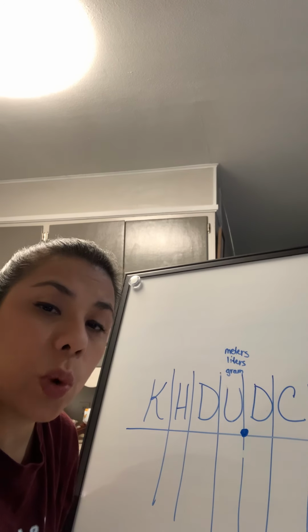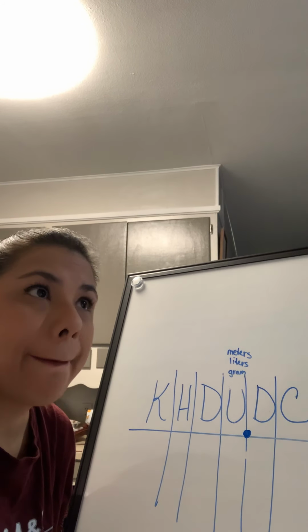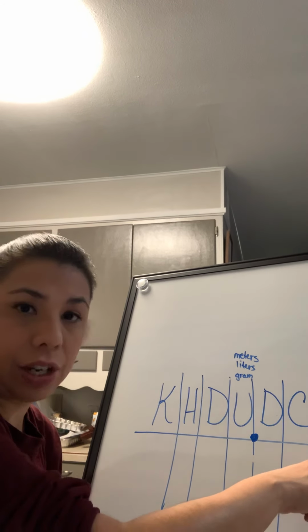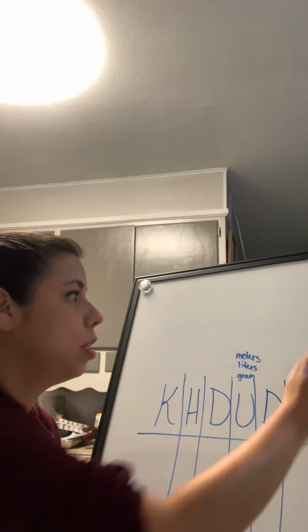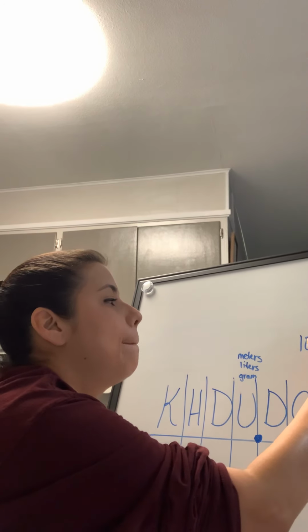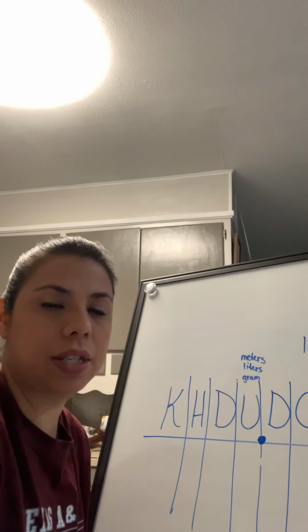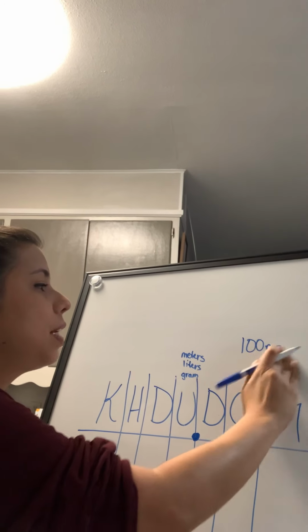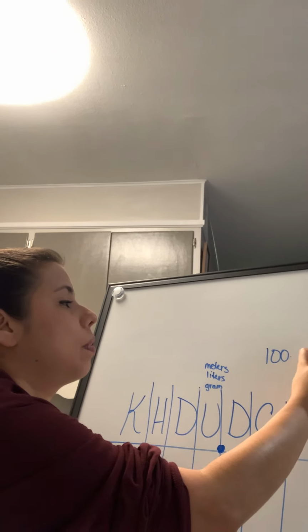So let's say I did want to convert 100 milligrams to grams. So 100 milligrams is over here, and I want to move it to grams. So I have 100 milligrams. Here is my decimal point, right here.